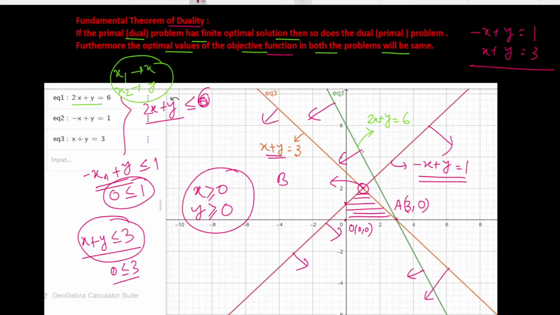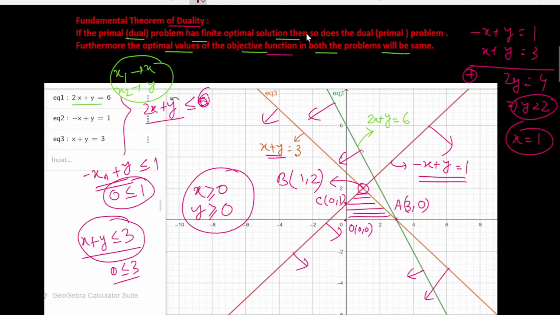So if we add these two, then 2y equal to 4, so y equal to 2, and if we put the value of y, then we get x equal to 1. So this is the point B, 1 2, and from this equation, this is the point C, 0 1.